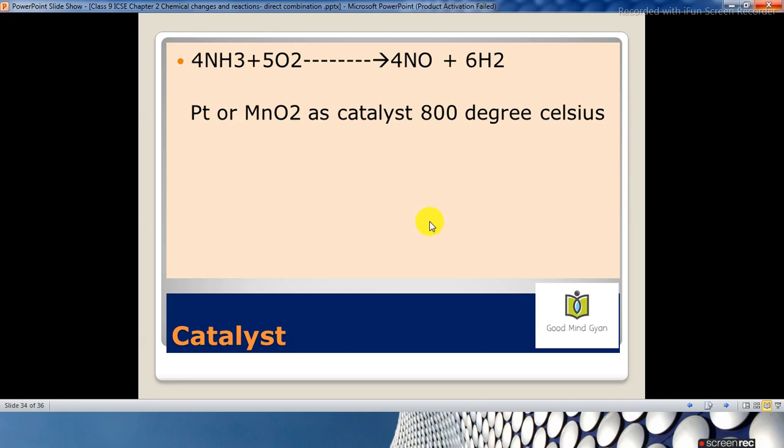You can take platinum or manganese dioxide, MnO2, as a catalyst and heat it at 800 degrees Celsius. When you do so, you will get nitric oxide and hydrogen. So we are using the catalyst in this case for the chemical reaction to take place and you will get the products.